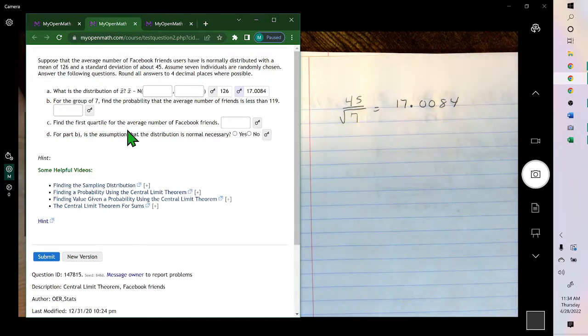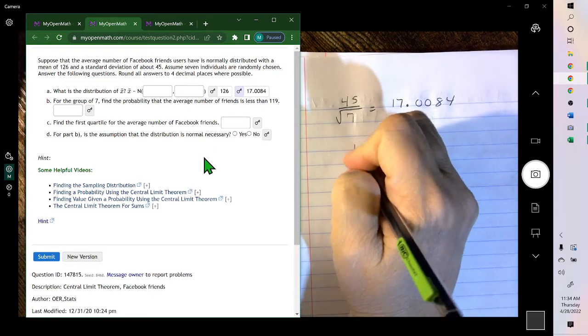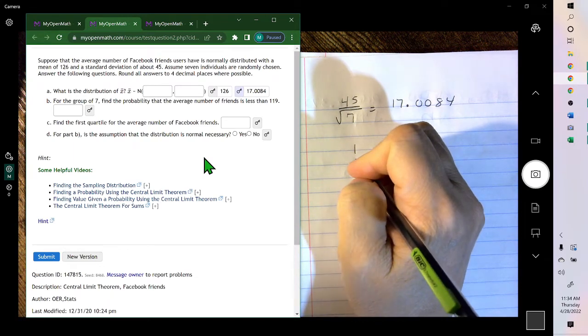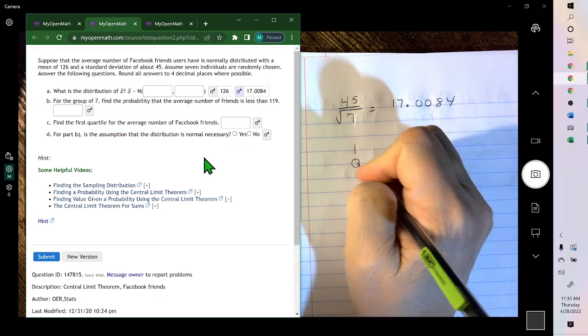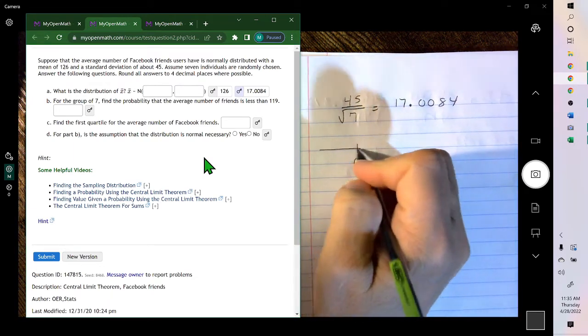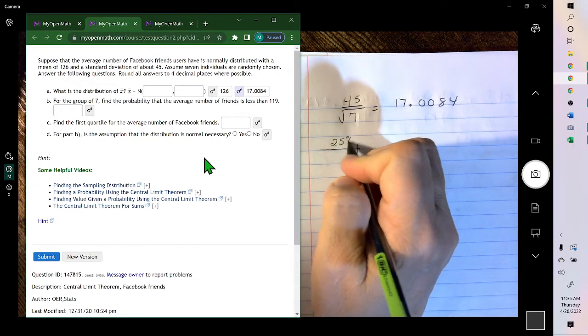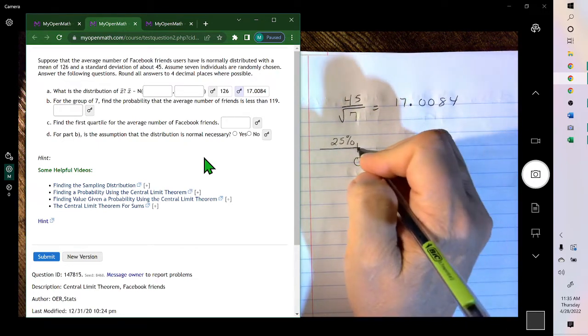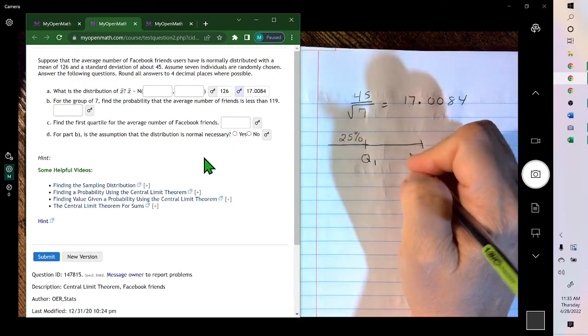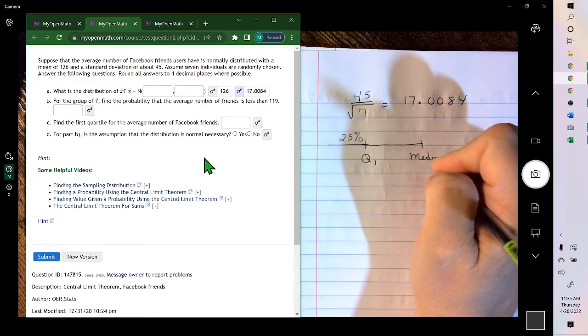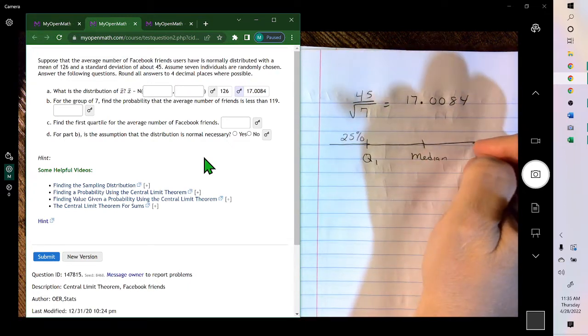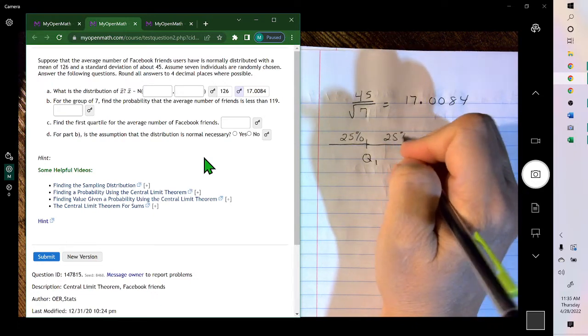Find the first quartile for the average number of Facebook friends. Okay, quartiles are broken into quarters, so 25% of the data is below the first quartile. And then the median is the second one, 25%.